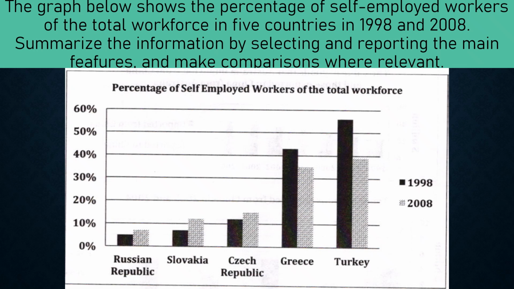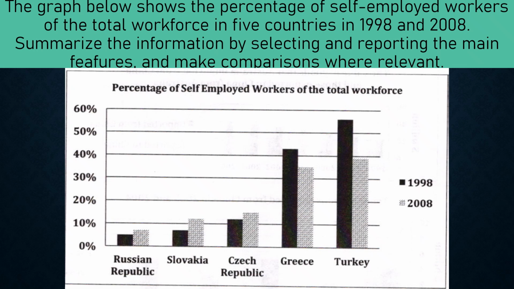The graph below shows the percentage of self-employed workers of the total workforce in the 5 countries in 1998 and 2008. It means this data is for a decade. So we are required to summarize the information by selecting and reporting the main features and make comparisons where relevant.